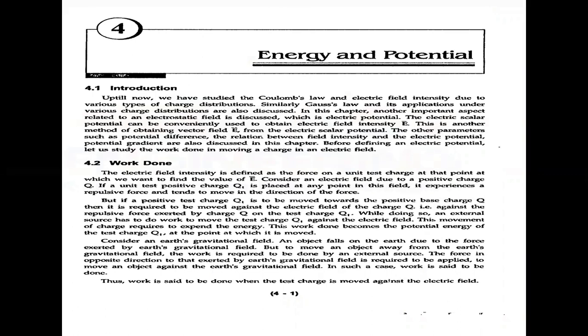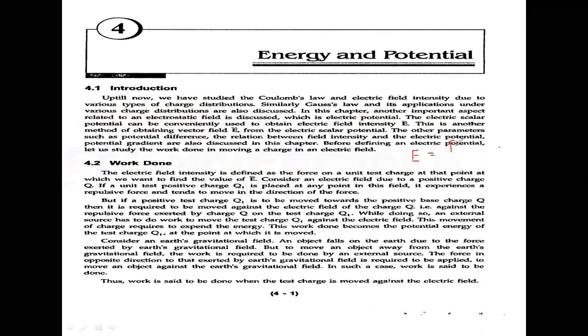In this, the work done, the electric field intensity is defined as the force on a unit test charge. We already know the electric field intensity E is equal to force per unit charge, F by Q. That is nothing but Q by 4 pi epsilon naught R square into AR, the formula of the electric field intensity at a point charge.